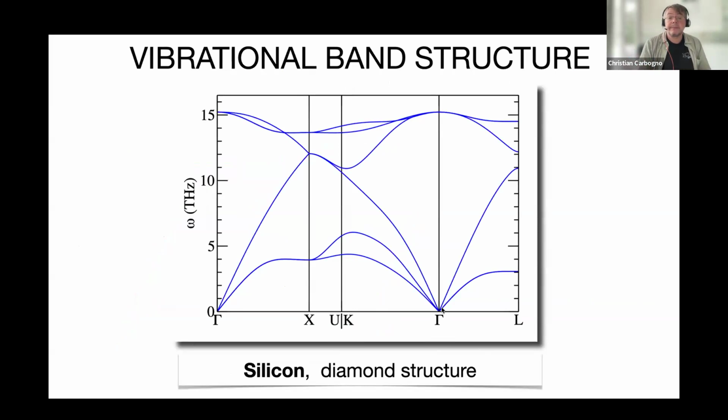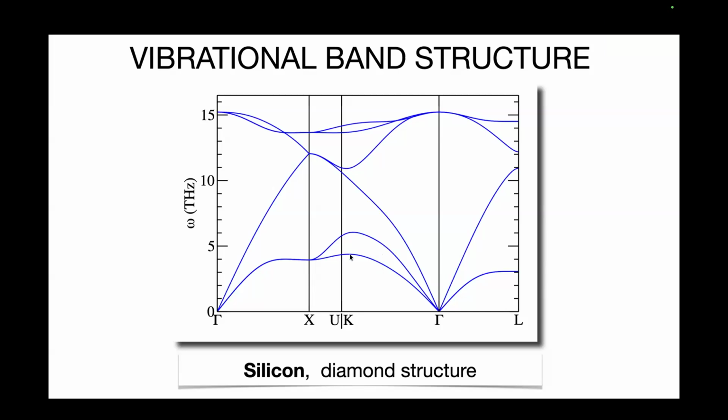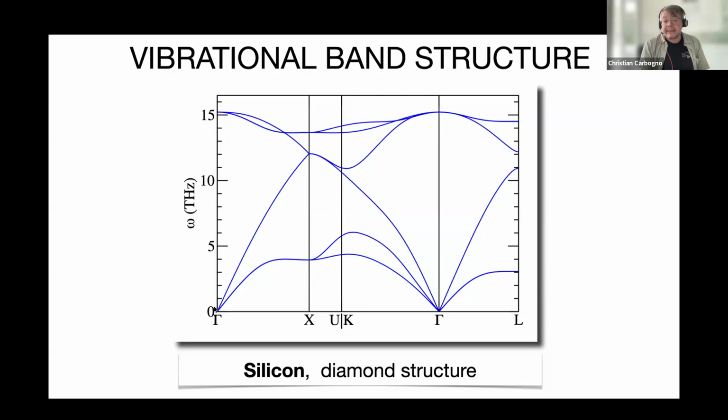So for instance, if you look at the acoustic modes here in silicon, the 3 acoustic modes you only see along this path from gamma to K. There you clearly see that you have 3 acoustic modes. Yes, you are right. But here from X to gamma, you see that 2 of them are degenerate. And you only see, in principle, in this plot, only 2.